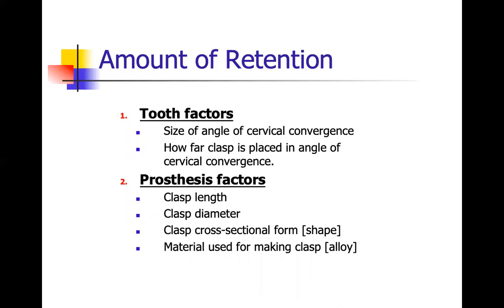Whereas prosthesis factors include the clasp length, clasp diameter, clasp cross-sectional form, and the material used for making the clasp.